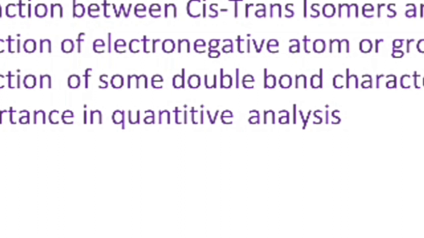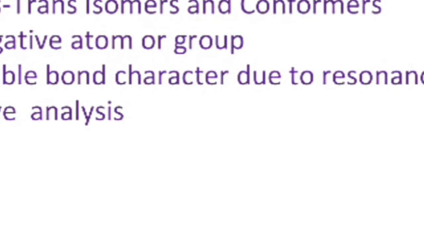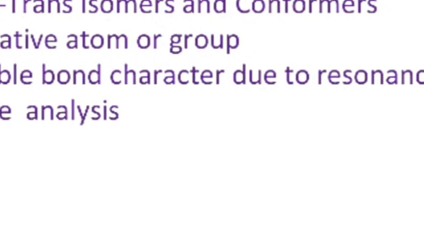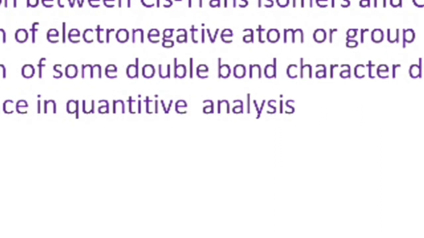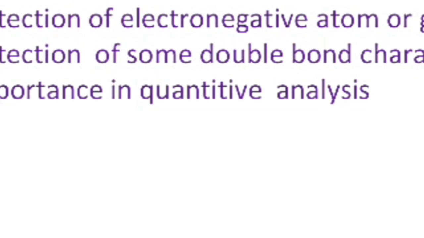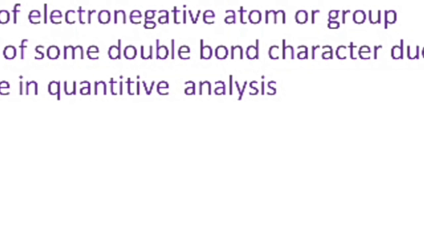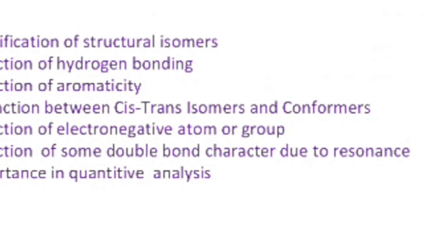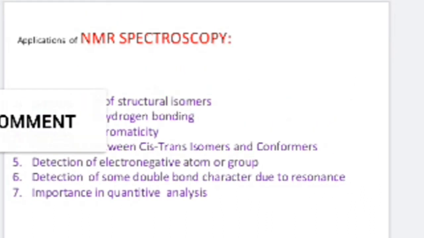Detection of double bond character due to resonance: we can identify the double bond character here. Last, importance in quantitative analysis. NMR spectroscopy is very important in quantitative analysis. So these are the main applications here.